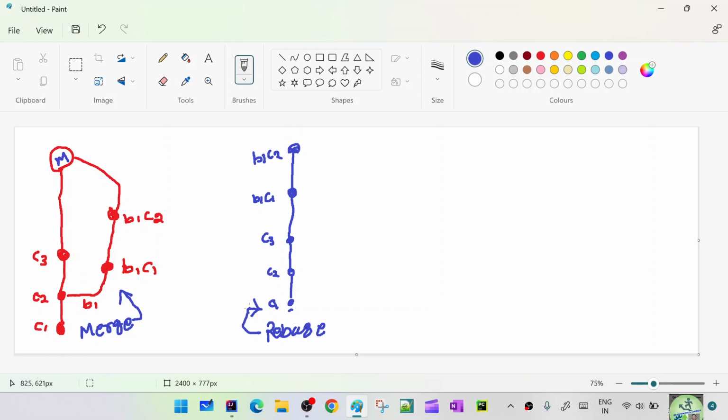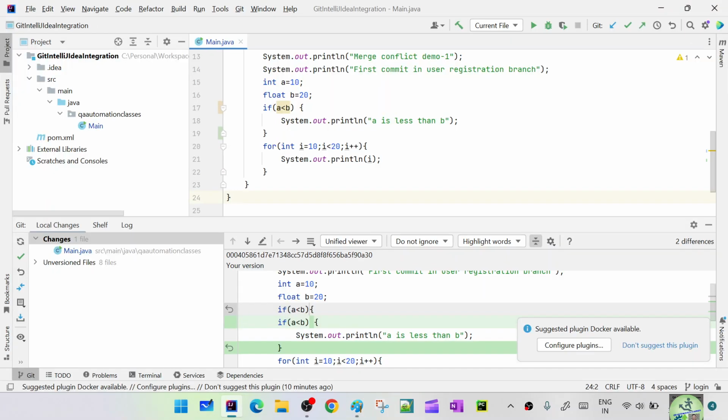That we are going to see when we go to IntelliJ. If there are any conflicts while rebasing, we have to manually resolve them. We have already seen how to resolve conflicts. So let's go to IntelliJ and start looking into the example. Maybe in the next session I'll show you the example.